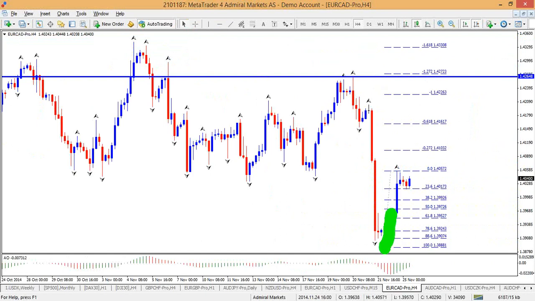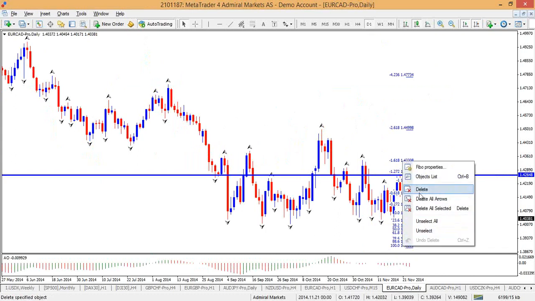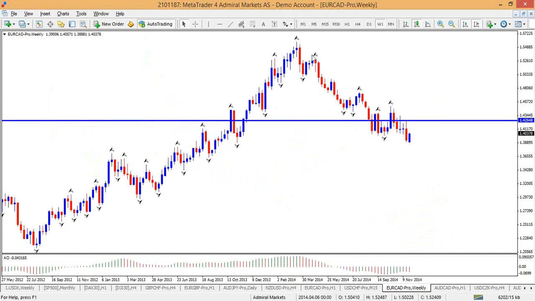And there's a good chance that that would be rejection because we got this first impulse, which is probably the first part of the zigzag. We'll probably get a bigger zigzag like this up to the targets, which is then squaring up the bearish candles on the daily chart and the weekly chart. We have a clear downtrend, clear lower lows, lower highs.